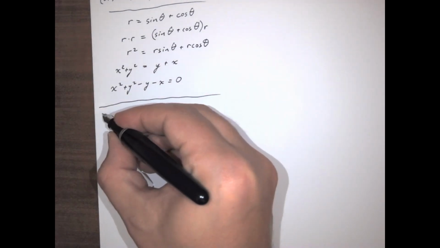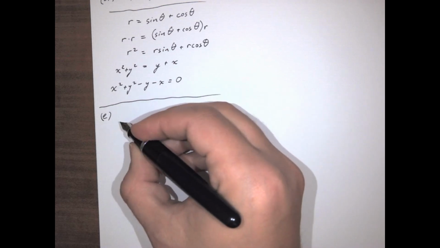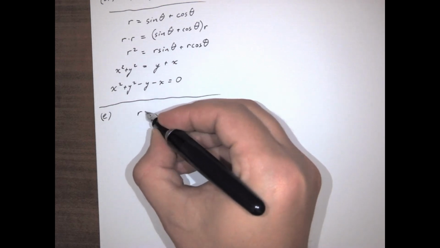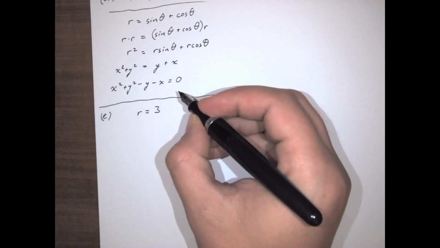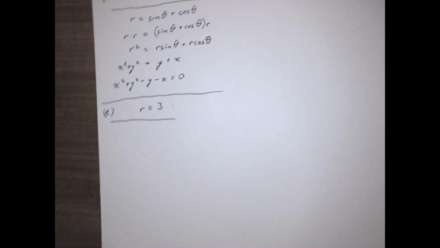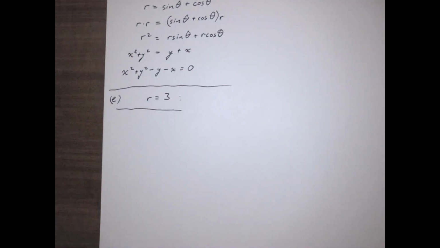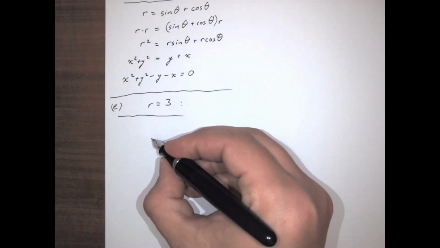Okay, now what if we have something like this? Maybe we just have an expression like r equals 3. Well, we have an r. We wish we had an r squared. The right-hand side is just a number, so that doesn't require any kind of special treatment. So let's just think about what we can do here. We could just square both sides.